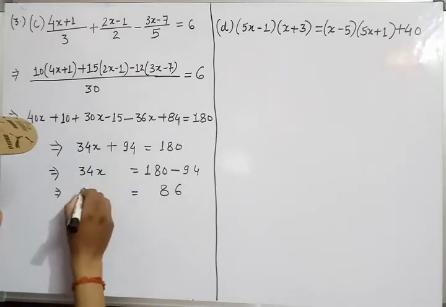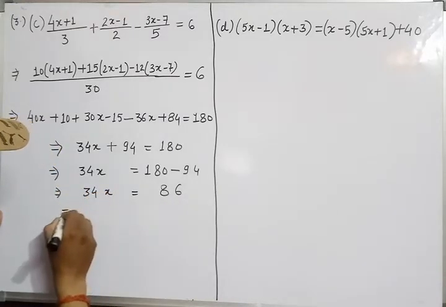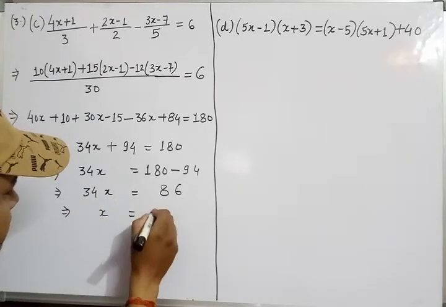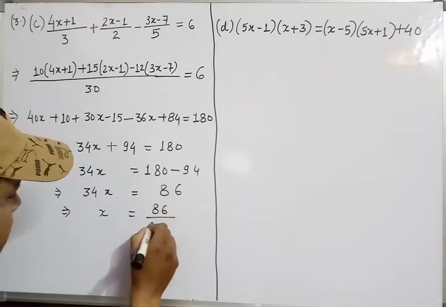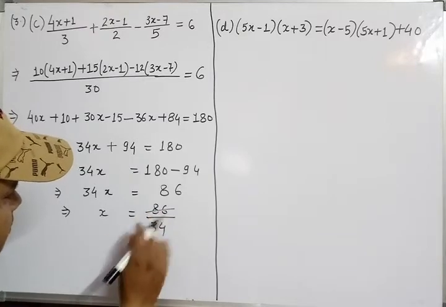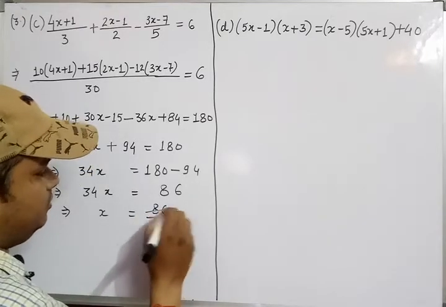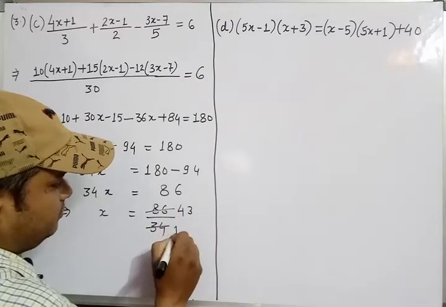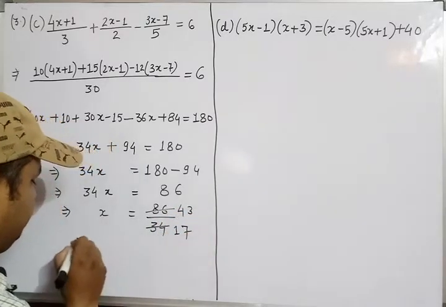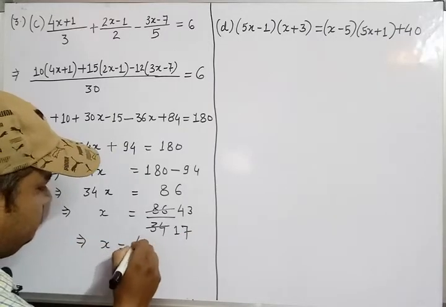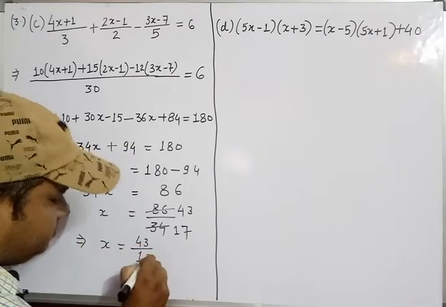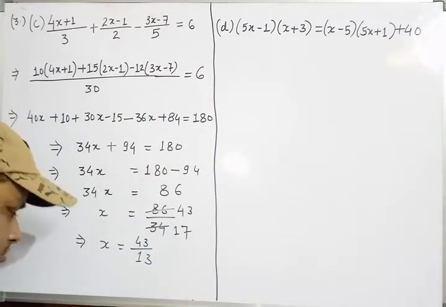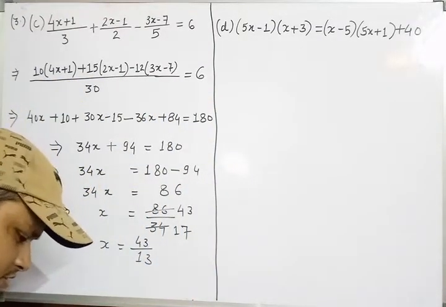Then x is equal to, again we have to shift this 34 to RHS. Now we have to simplify this fraction. So here 2 4s are 8, 2 3s are 6, and 2 17s are 34. So this is the answer. Let me check whether the answer is coming in mixed fraction or improper fraction.